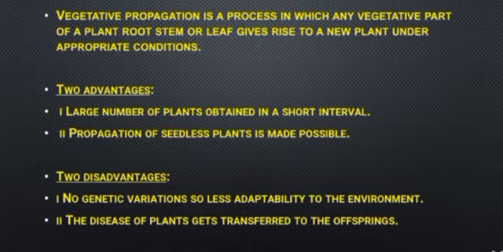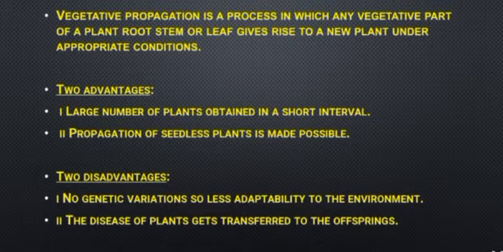And second point, the diseases of plants get transferred to the offspring. As we have already discussed, they will be almost exactly similar to the parent plant. So whatever diseases or problems are there in the parent plant will continue to the next generations. The same way, we can say the good qualities also will be continued to the next generations.